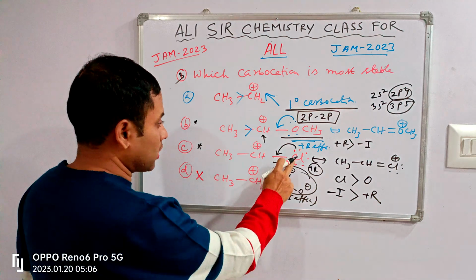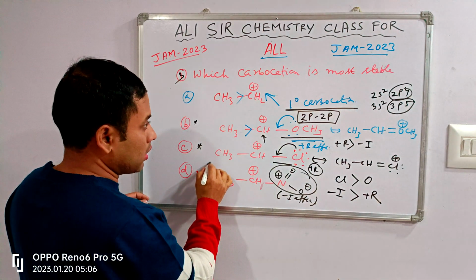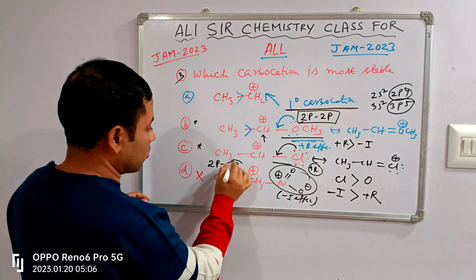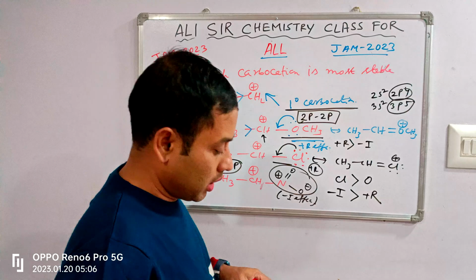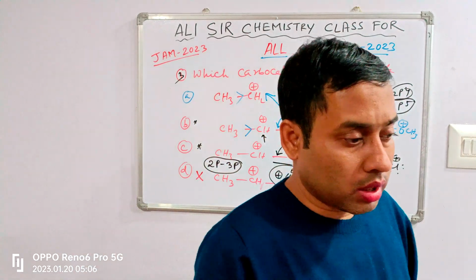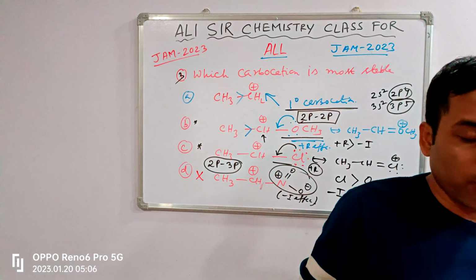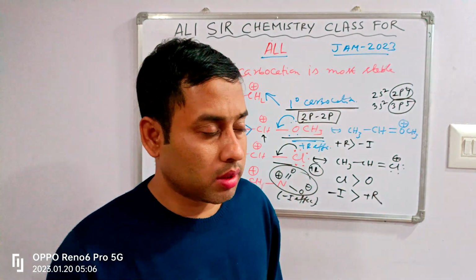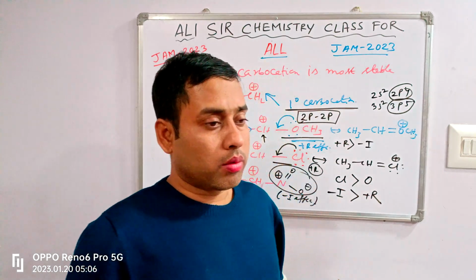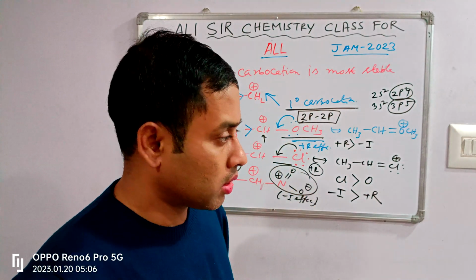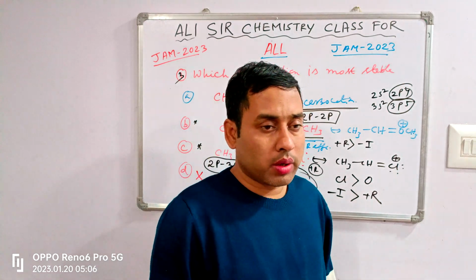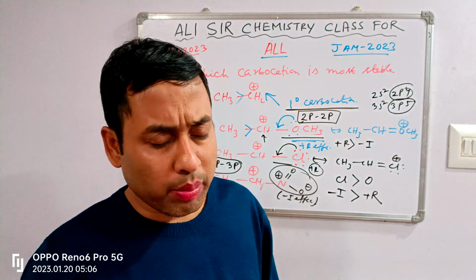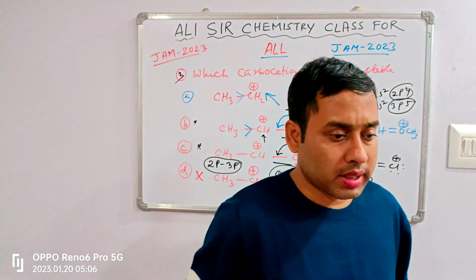But in this carbocation, the overlap is happening between 2p and 3p, so there is an energy gap. Overlap will be better when two orbitals have comparable or the same energy. This is the most fundamental thing of molecular orbitals. When two atomic orbitals have the same or comparable energy, the overlap will be maximum.